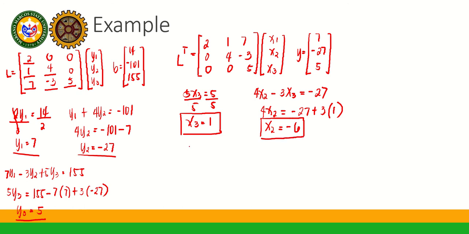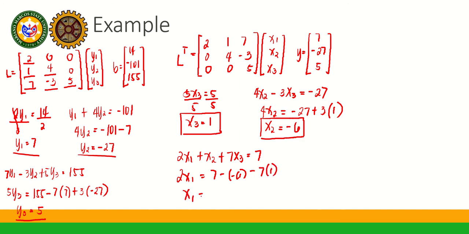And for our x sub 1, so 2x sub 1 plus x sub 2 plus 7x sub 3 is equal to 7. So we can transpose this two terms dito sa ating right side since constant sila. So 2x sub 1 is equal to 7 minus x sub 2 natin is negative 6 minus 7 times 1.